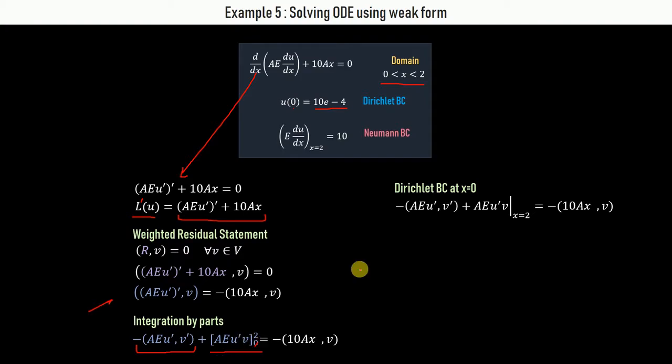So we can eliminate this term, and we just need to evaluate this expression at x equals 2, which we'll do with the help of the Neumann boundary condition at x equals 2. Considering a is also a function of x, we evaluate e at L. L is equal to 2 in this case.